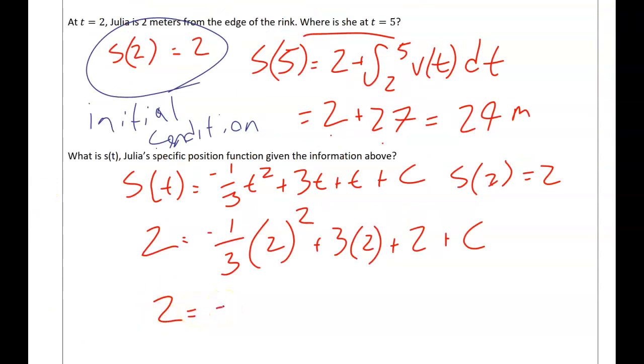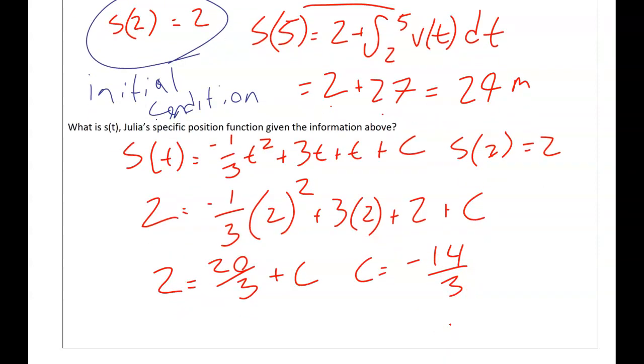So now I have an equation with a variable in it that I can just simplify and solve, right? So I get 20 over 3 plus c. And then when I subtract 20 over 3 on both sides, I get negative 14/3. So that gives me my full function for S. So this is the problem that we could never have done before this lesson.